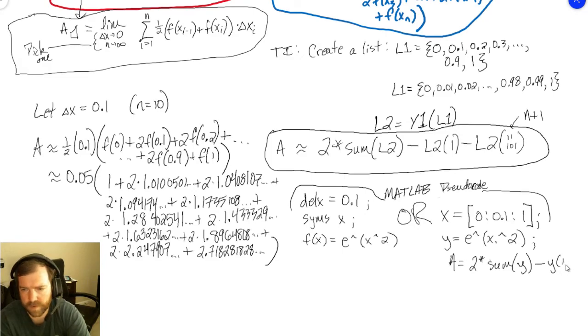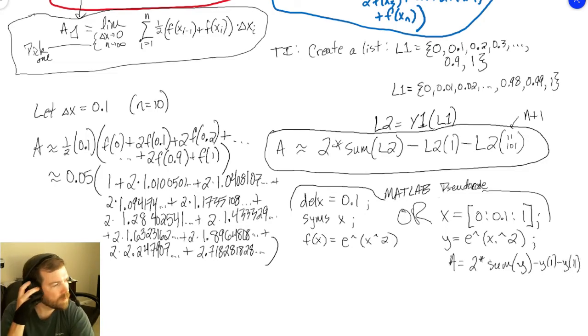I think they don't. So it should be y sub 1 minus y sub 11. Something like that. You can't see that. Y sub 1 minus y sub 11. Yeah, I think that'll work.